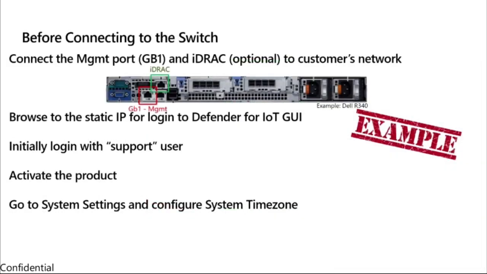Now, before connecting to the switch, we'll need to connect the management port. Here we see an example of a Dell 340. One connection can be done for the iDRAC, the other one for the management interface.